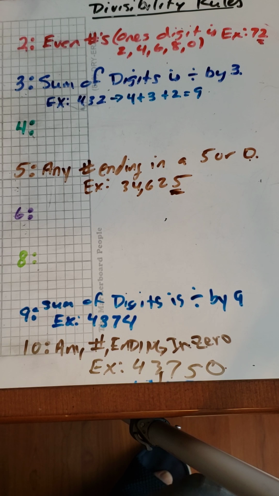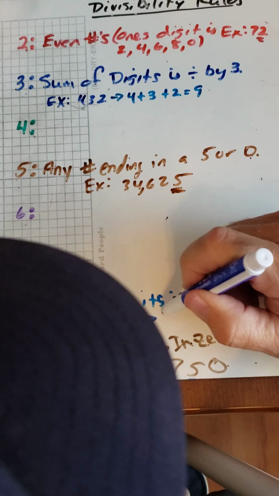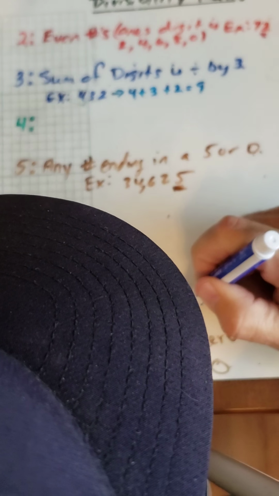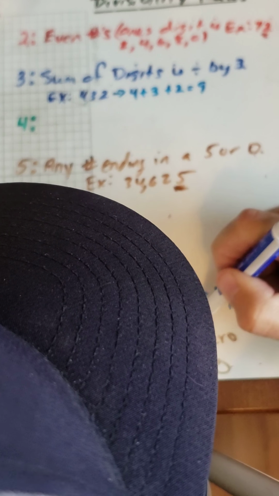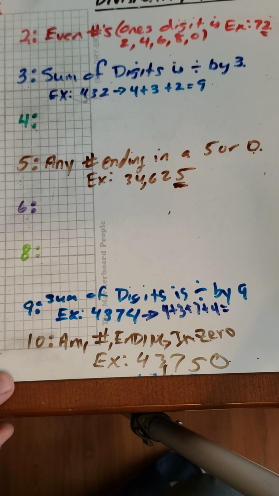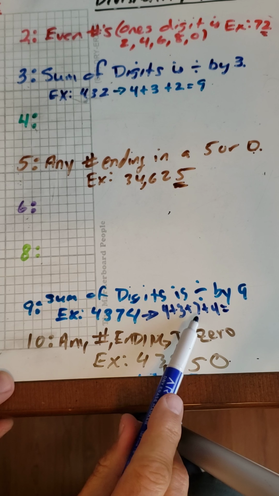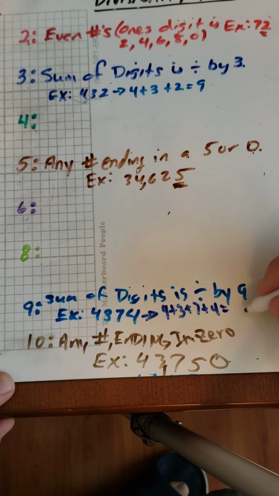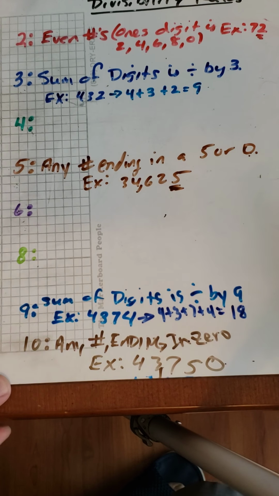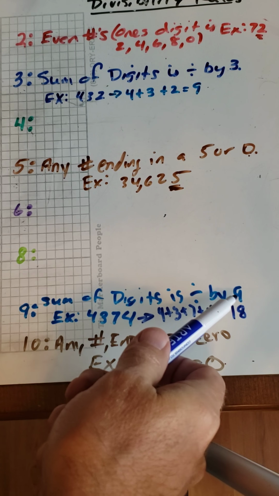So if I add these together, what I get is 4 plus 3 plus 7 plus 4. So 4 plus 3 is 7, plus 7 is 14, plus 4 is 18. And what I notice about 18 is it's divisible by 9.